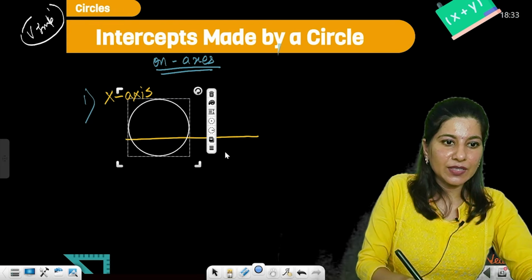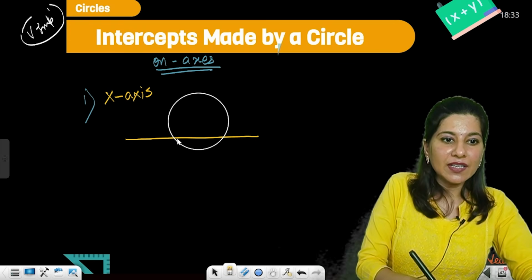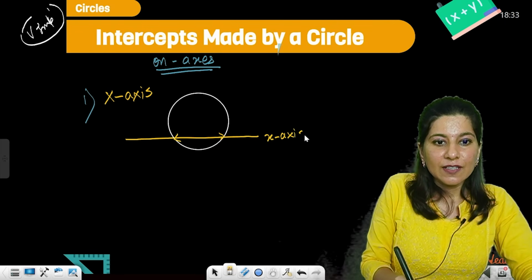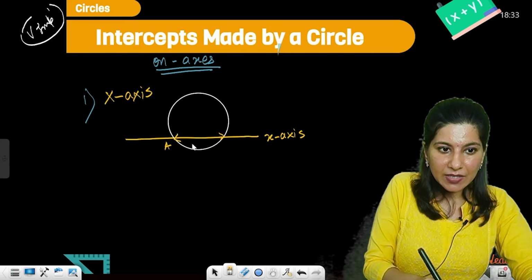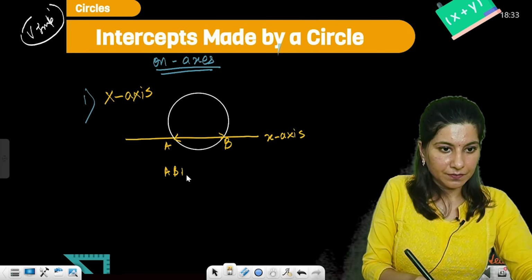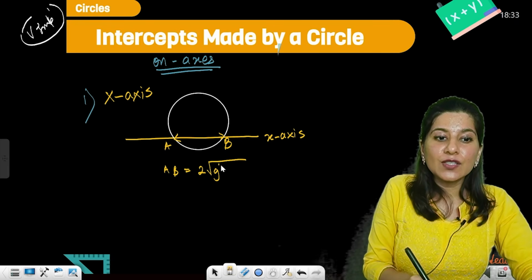This is how it looks. Let me tell you the direct formula. The x-intercept is this length. This is your x-axis. So this length, the x-intercept AB, will be 2 root (g square minus c).